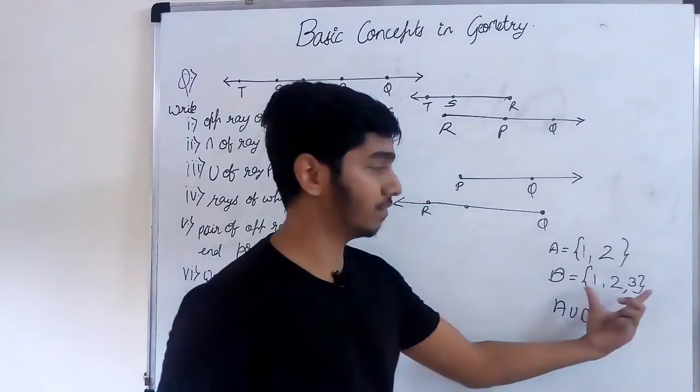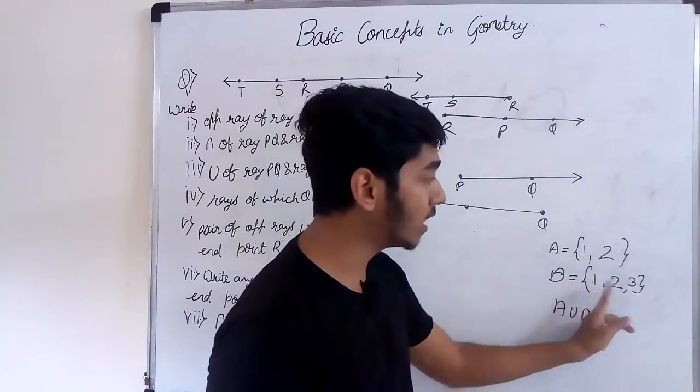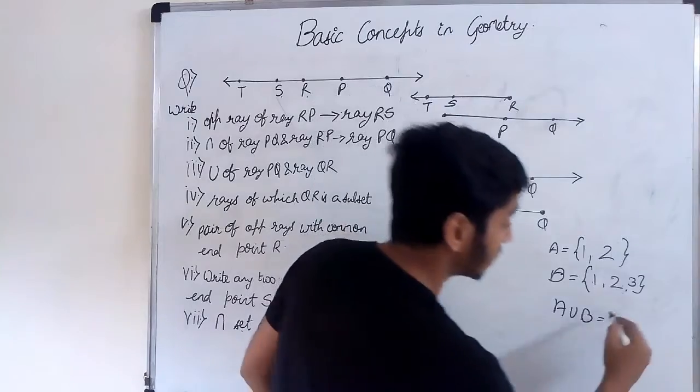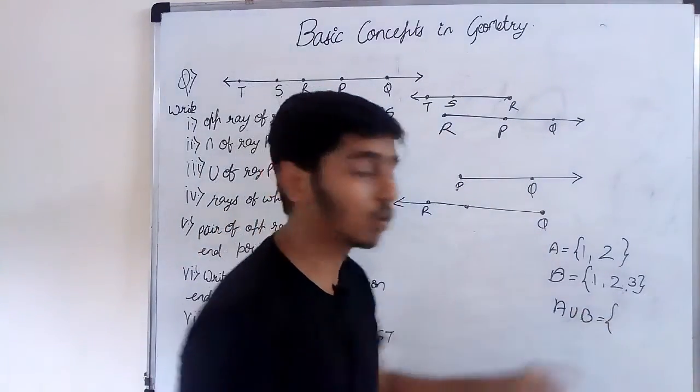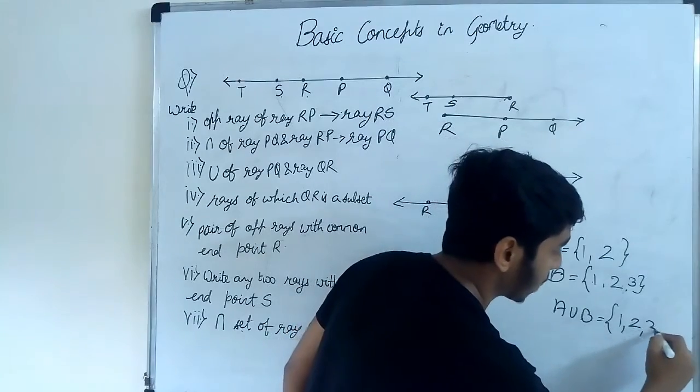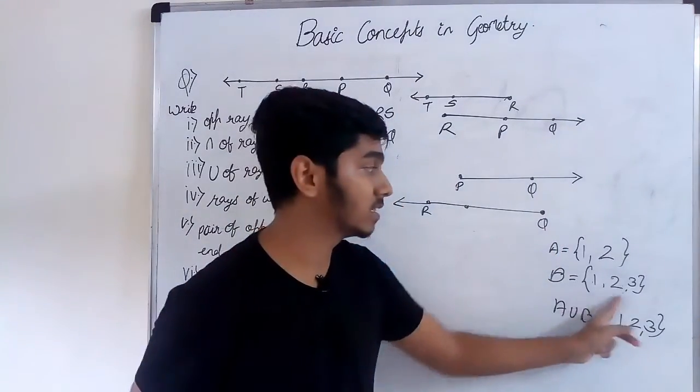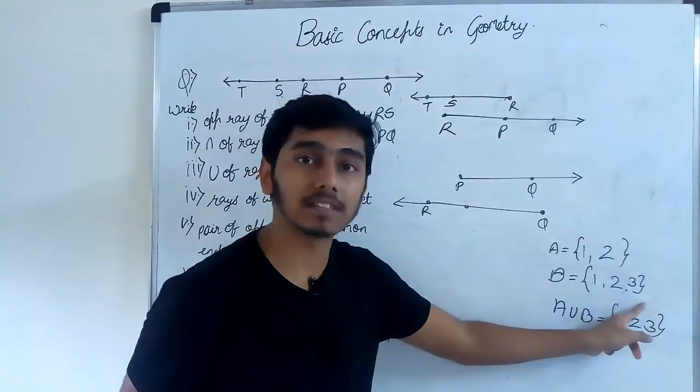It's just B itself, correct? Because 1 and 2 are included in both. So A union B is just B, or you can say {1, 2, 3}, which is simply the set B itself.